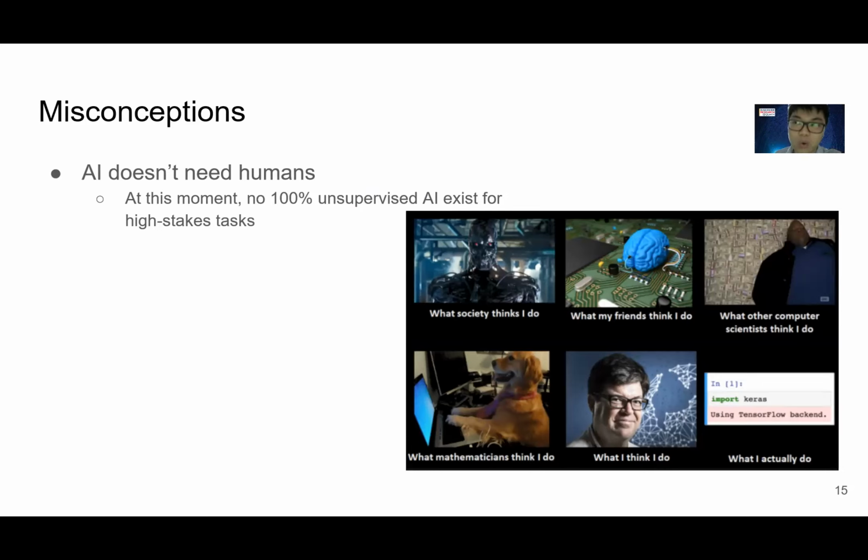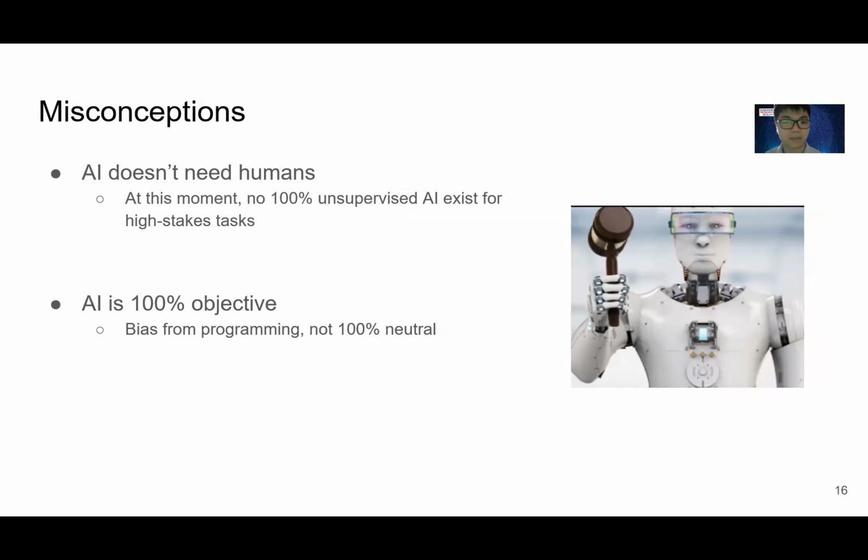Right now, there are no completely unsupervised AI systems in places that perform high stakes tasks like surgery or even diagnosis of patients, at least not in Canada. The majority of what we do in research is actually just using existing libraries and performing advanced statistics, which you will learn later.